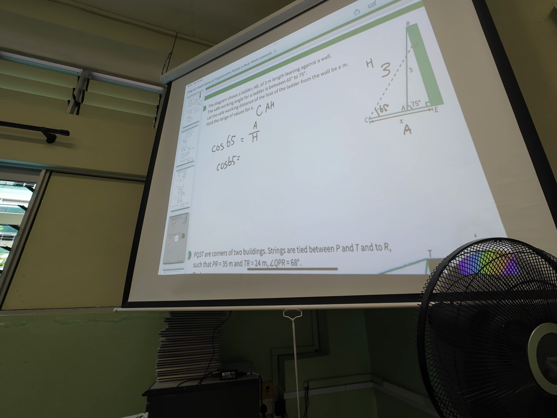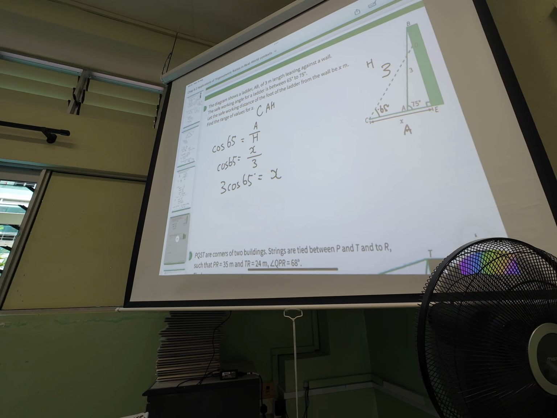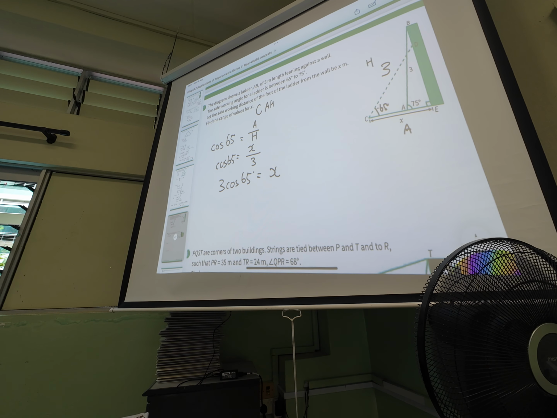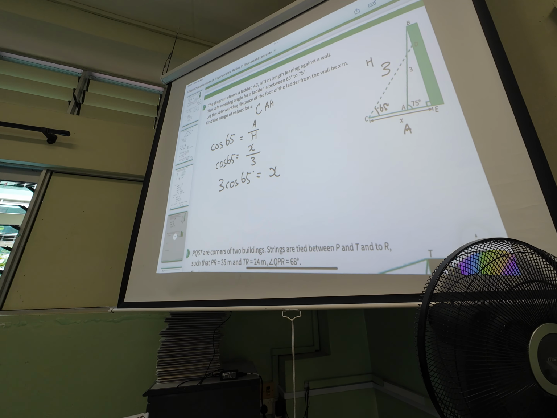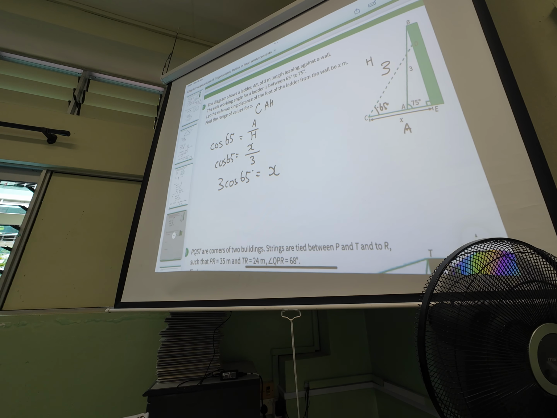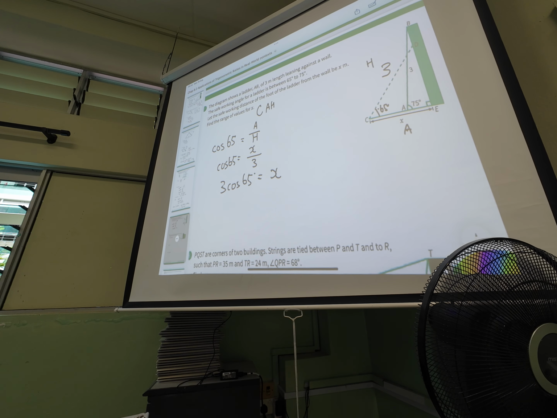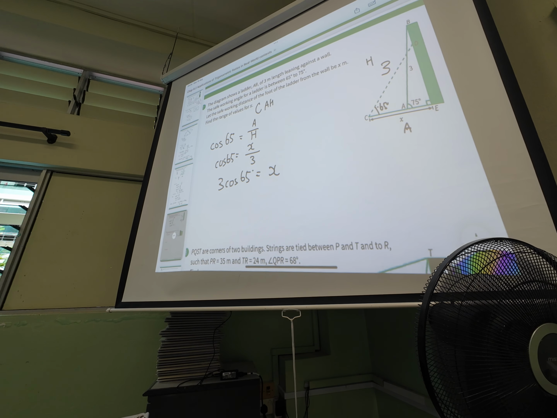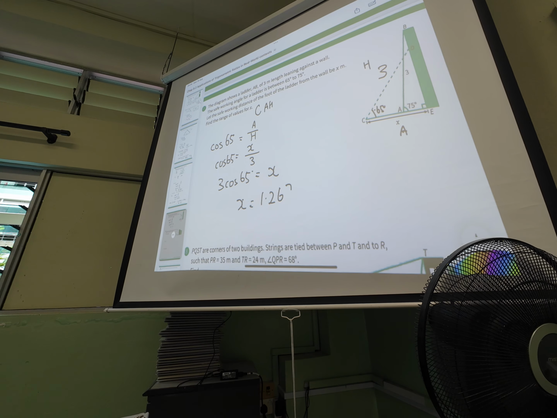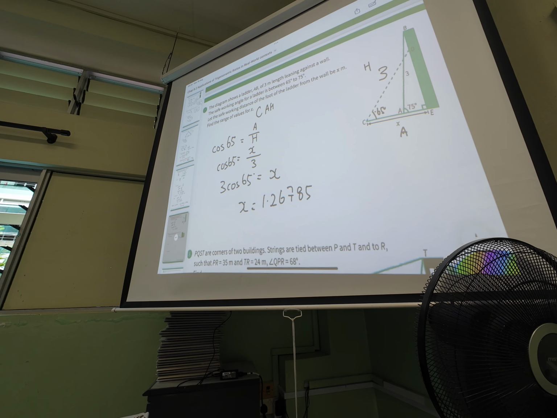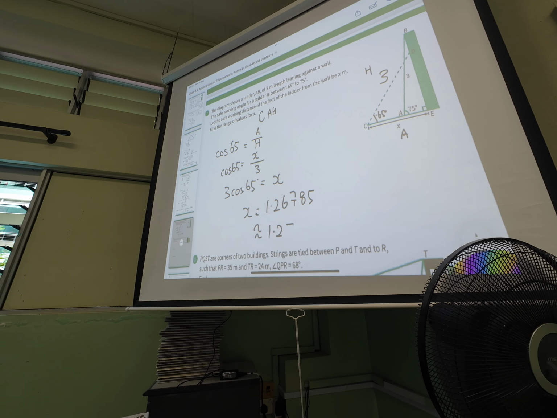So cosine 65 equals X over 3. Multiply 3 to both sides. My X equals 3 times cosine 65. Then just press calculator. 1.26785. Roughly 1.27.